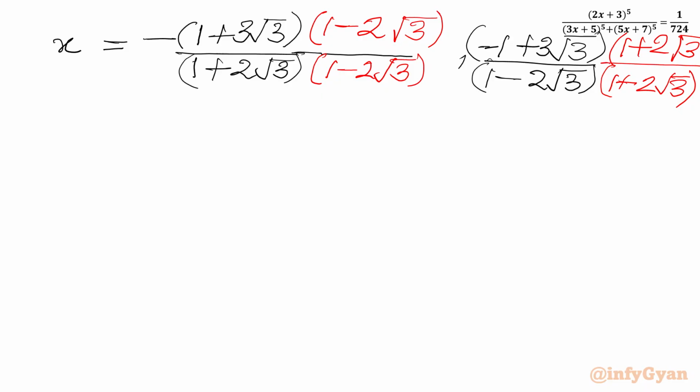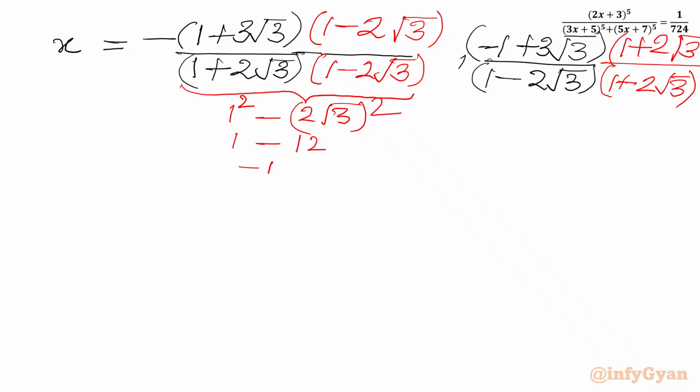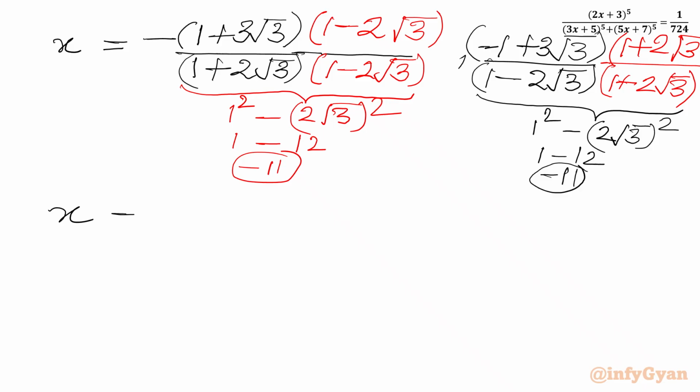Once we simplify, our denominator will give us 1 square minus (2 square root 3) whole square. This will be equal to 1 minus 12, so our denominator will be negative 11. So if I write our final answer, x will be equal to (1 plus 3 root 3) times (1 minus 2 root 3), our first solution.